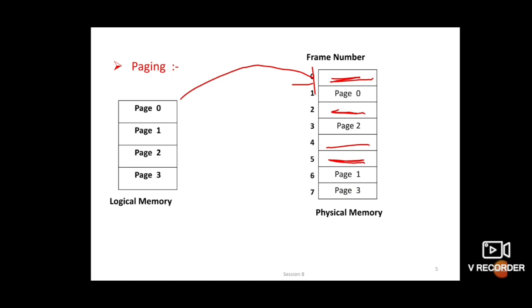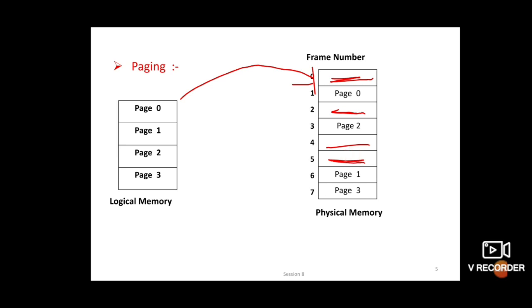Okay student, now see, this is the physical memory and this is the logical memory. Logical memory means the process is divided into equal-sized pages. Physical memory is also called main memory, and it is divided into frames of the same size. So frame size and page size are the same, because when the process is divided into same-size pages, each page is stored into a frame, so it must fit the frame size.